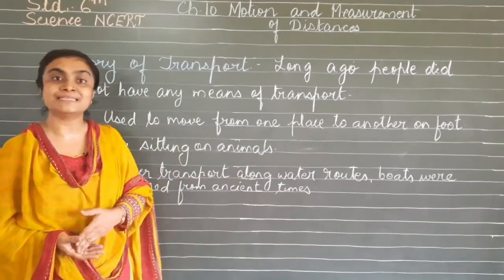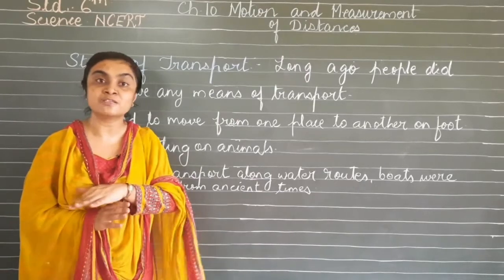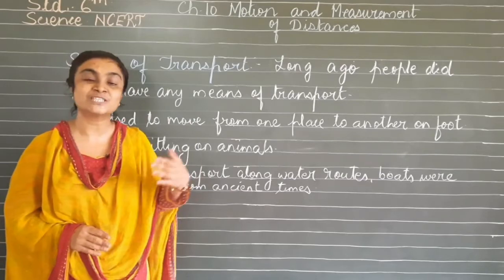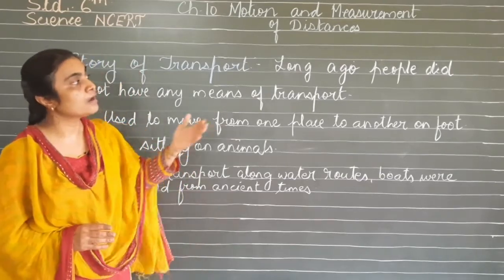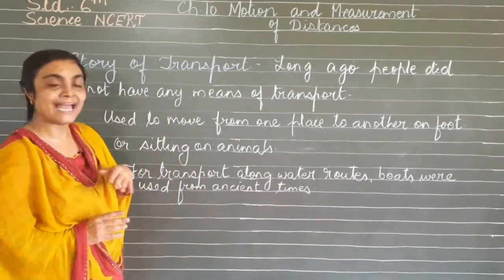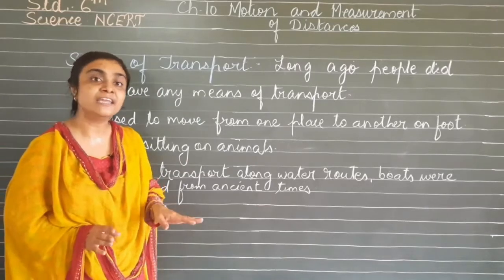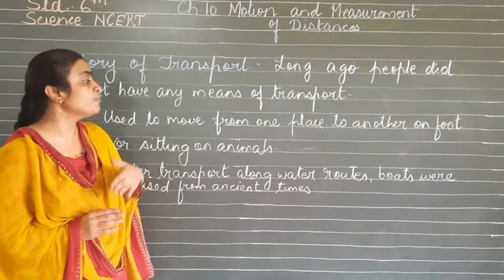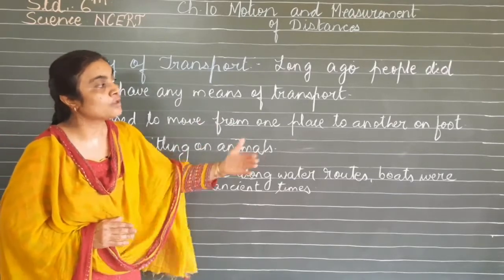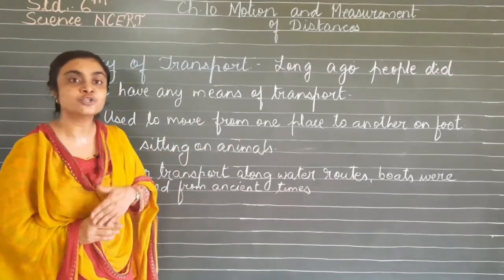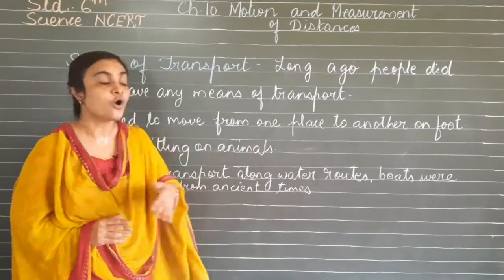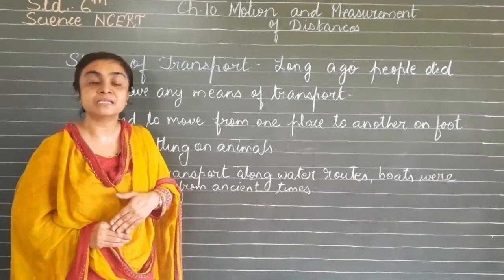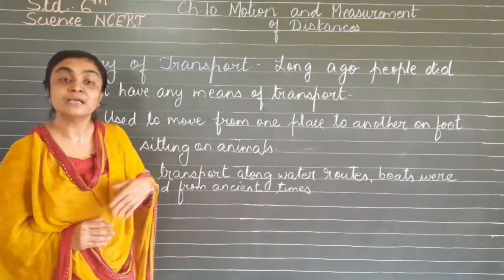Long ago, in earlier times when there were no vehicles, what did people do to move from one place to another? Long ago people did not have any means of transport except animals. They moved from one place to another on foot, by walking, or by sitting on animals like horses, camels and so on.